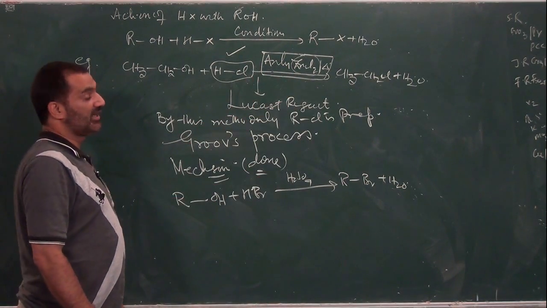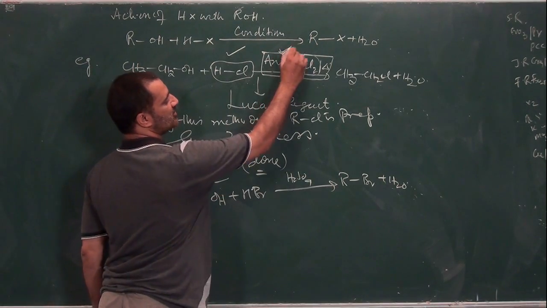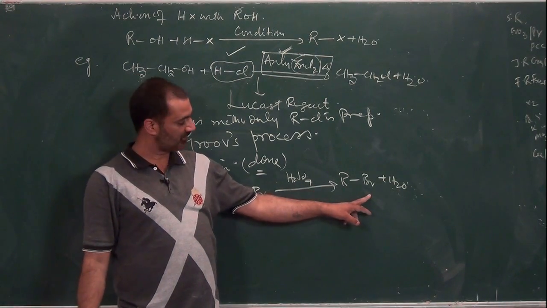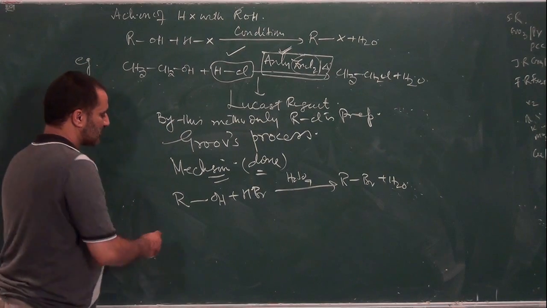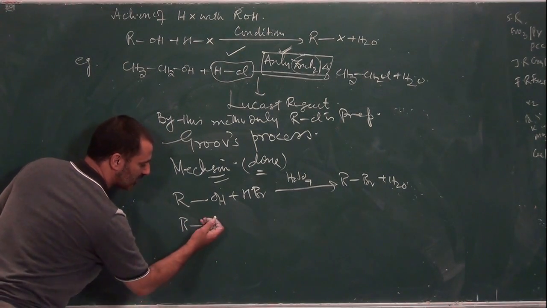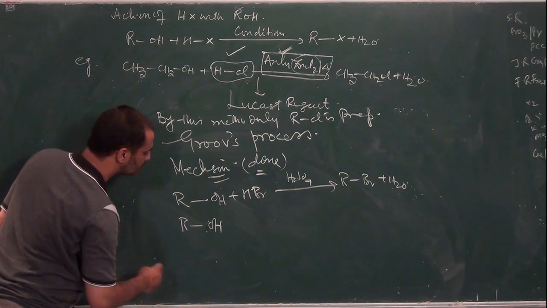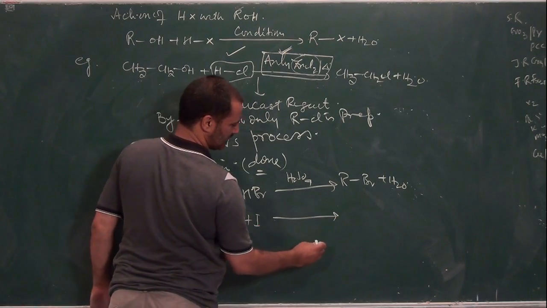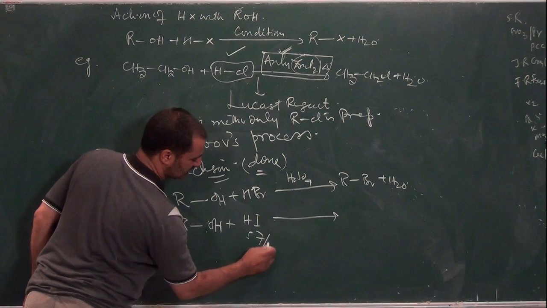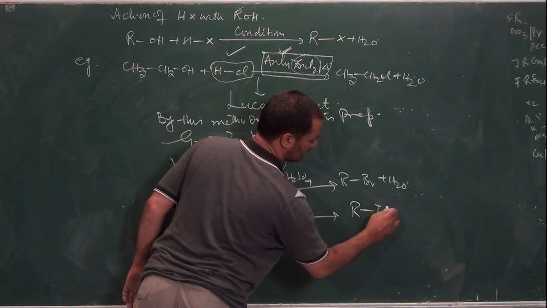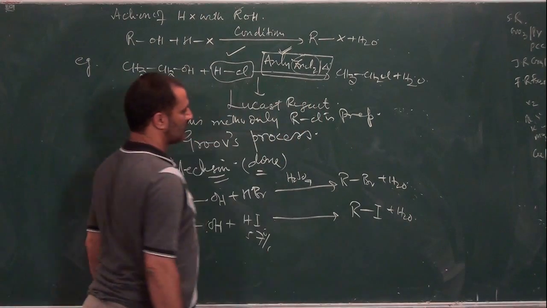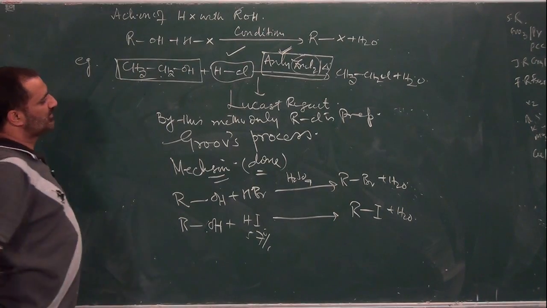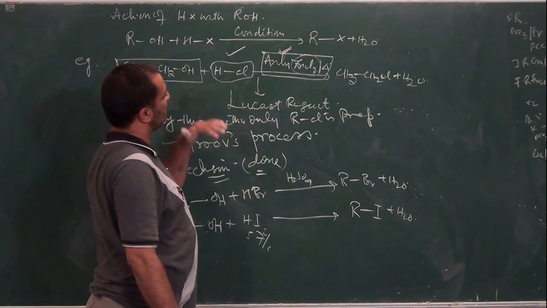Because zinc bromide is not a dehydrating agent; only anhydrous zinc chloride is. Also ROH plus HI results in the formation of alkyl iodide. In this reaction, that will be the homework today.